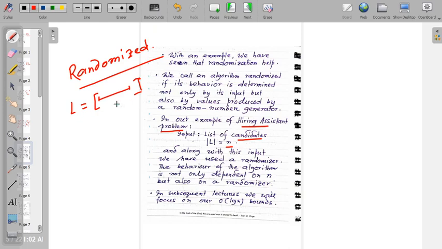Say we have to sort this list L which has numbers. What could be the input of the algorithm? I am forgetting about the hiring assistant problem. This is a general sorting problem. Then what is the input to the problem?